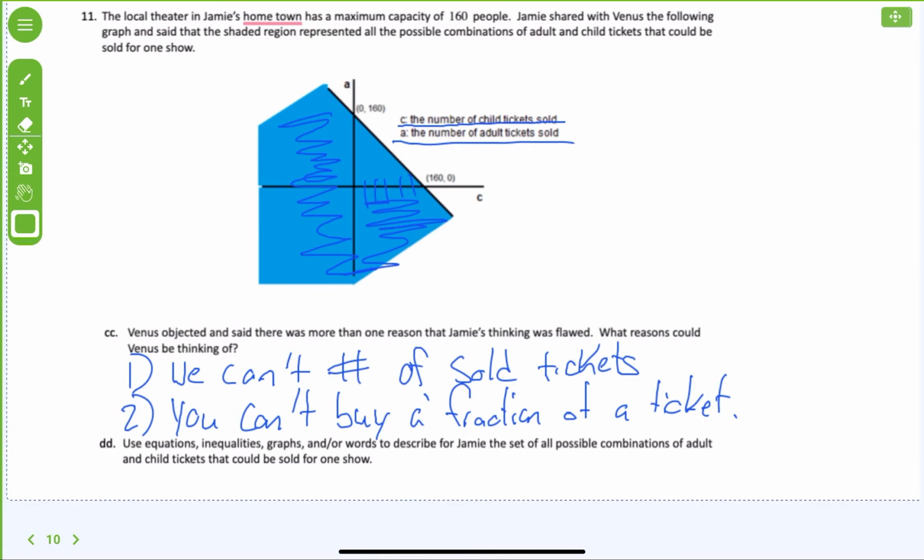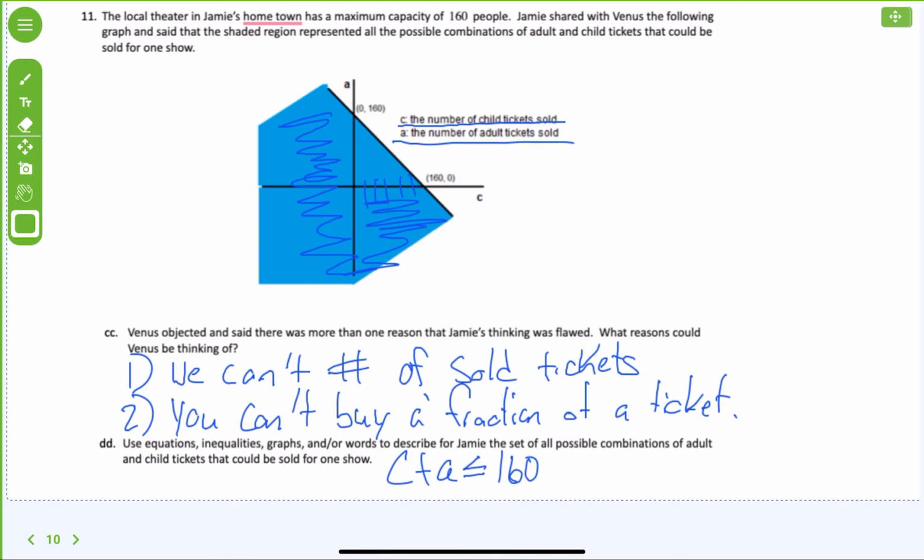For C plus A, what would they have to equal? They would have to be less than or equal to 160, right? The maximum capacity is 160. Could they sell less than 160? Sure. You don't always sell out a theater.